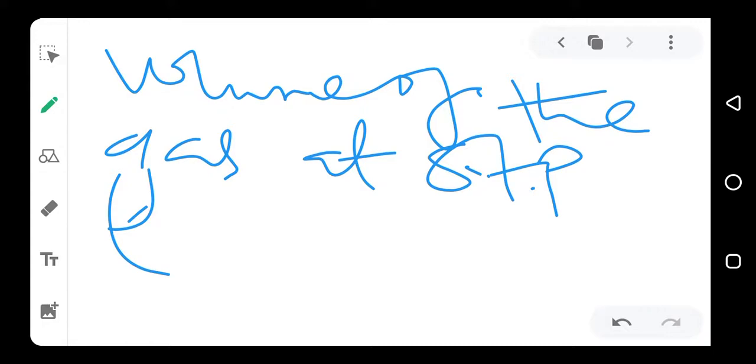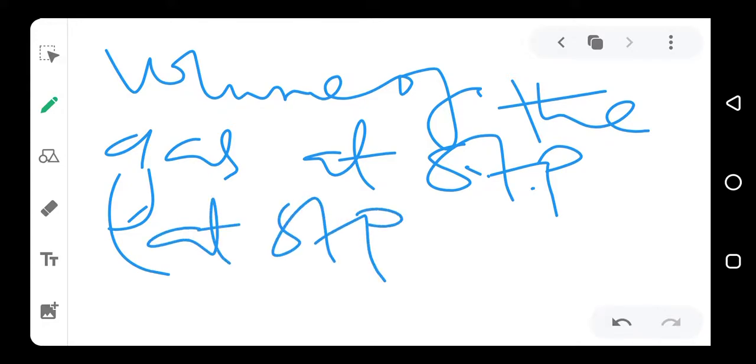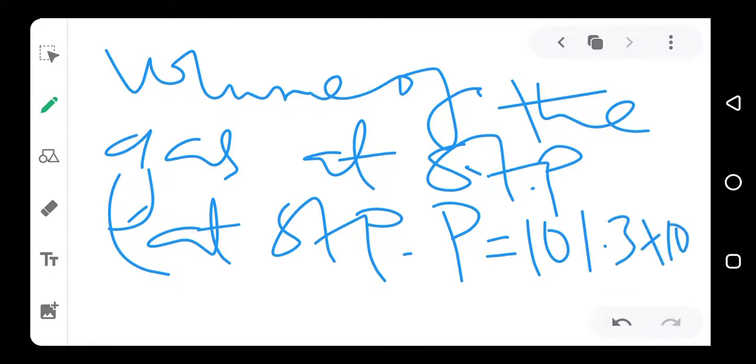Now we are given that at STP pressure is equal to 101.3 times 10 raised to power 3 Newton per meter squared.